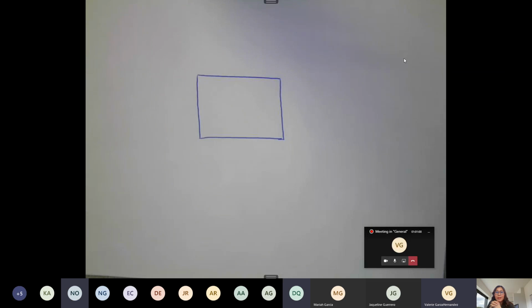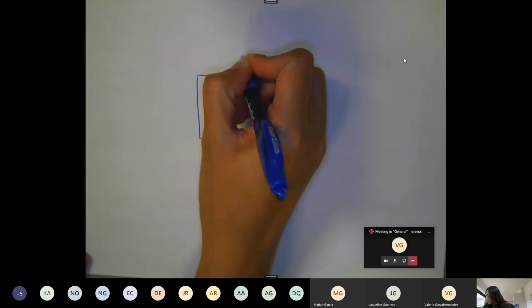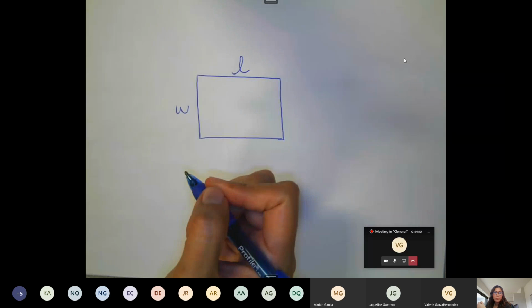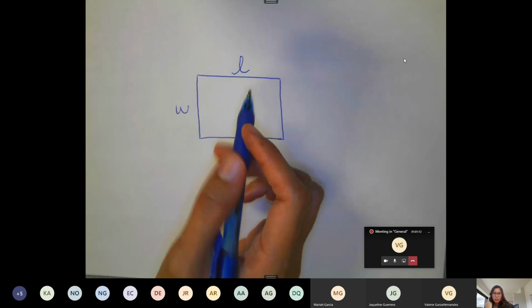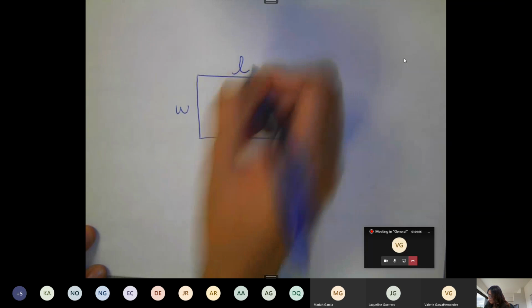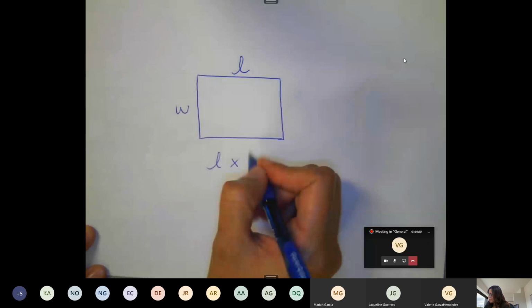Length, width. Correct, very good. So we would measure the length, right, and the width. And what base unit did we say length is measured in? We just talked about length.